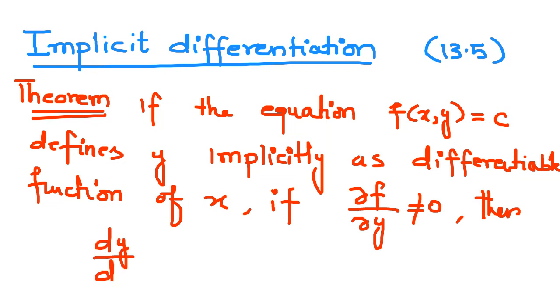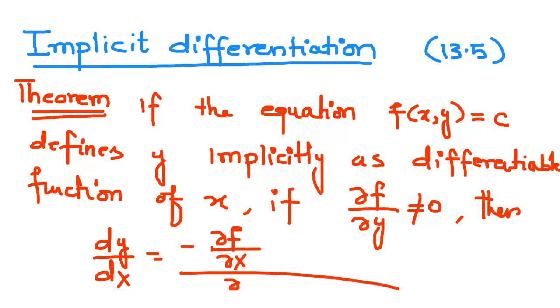dy over dx equal to negative times the partial derivative of the function with respect to x, divided by the partial derivative of the function with respect to y. You can also write that as minus the partial derivative with respect to x divided by the partial derivative with respect to y.